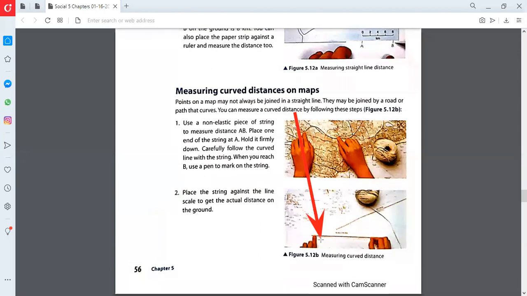So these are the two ways how you can measure the distance between point A to B. The first one is with the scale, and along with the scale we have a paper strip. It's a paper scale. And the second thing we have is with the help of string or thread. We can compare it, but ultimately we need a scale. We use thread or we use paper strip. Ultimately we need a scale, either on the map or on the normal scale which we have, to compare the distance.